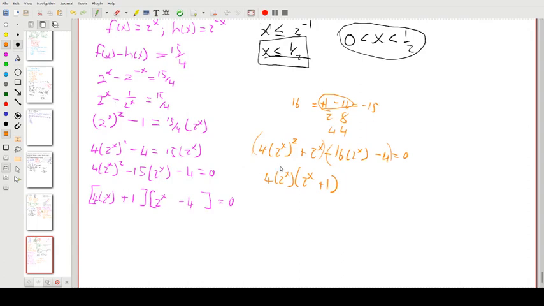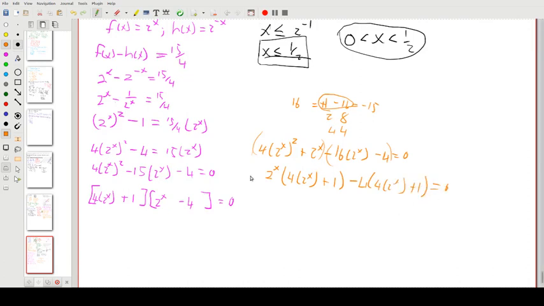Sorry, my bad, that is very wrong. What we can take out here is just a 2 to the x. What's left is 4 times 2 to the x plus 1. And here we can take out a negative 4, and what's left is 4 times 2 to the x plus 1.